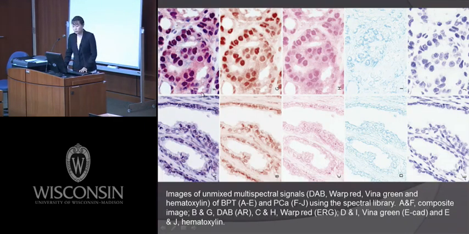This image shows an example area of the TMA, one core tissue. We unmix, and you can see the 4 channels: AR in DAB, ERG in Warp Red, and E-cadherin, and hematoxylin.